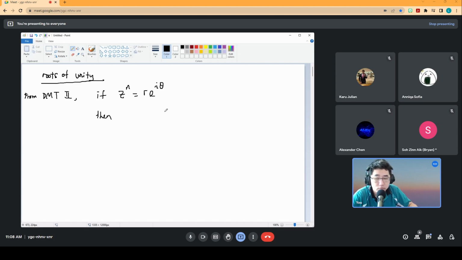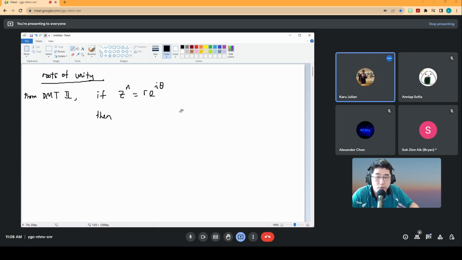Anyone? Is it the div over n thing? Yes. You have to understand this rule from DMT2. What do we have here? It'll be about the roots, right?